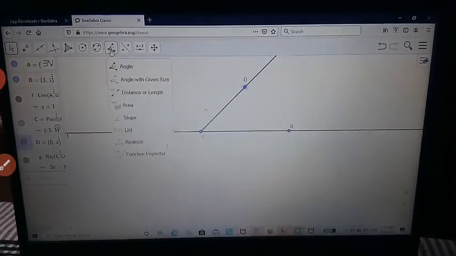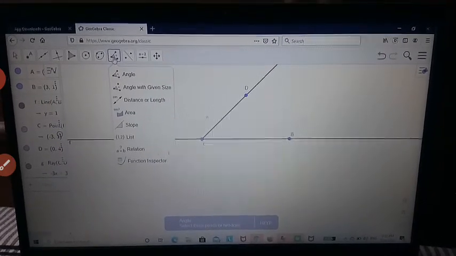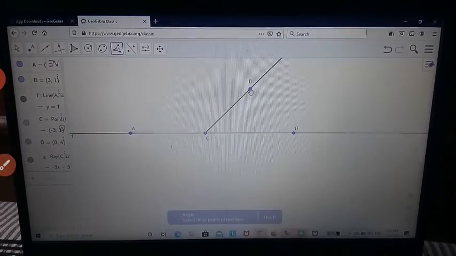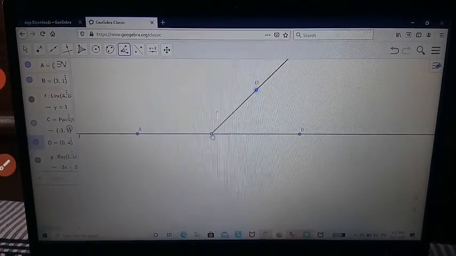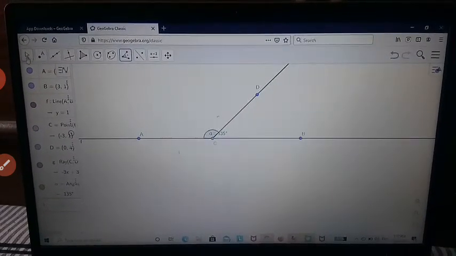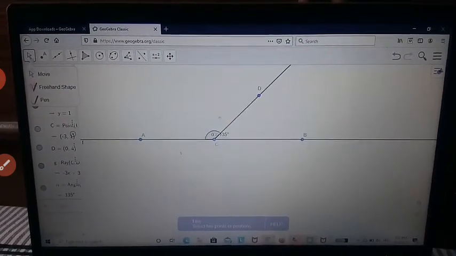Now let us measure the angles so formed in order to find some relation between them. So I measure the angle DCA. It comes out to be 135 degrees.